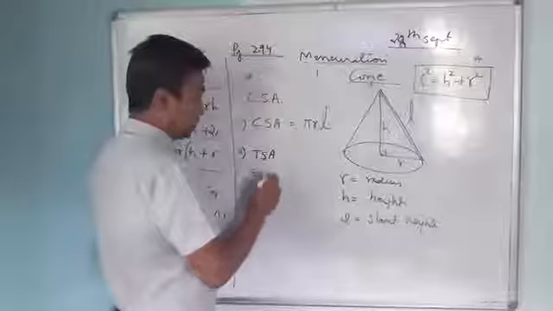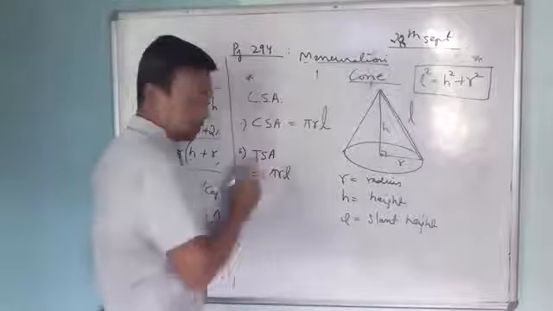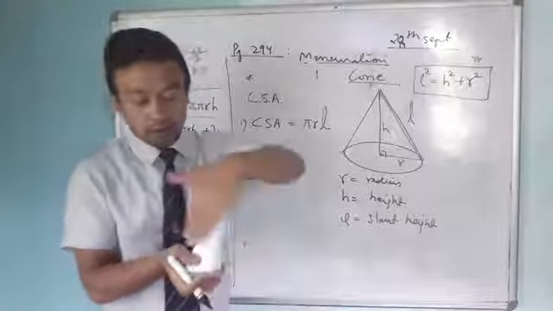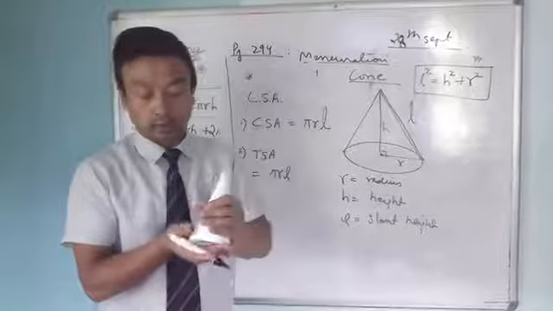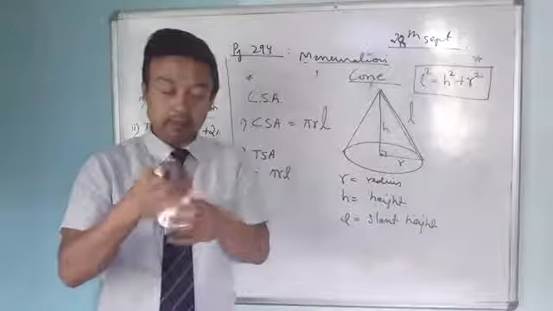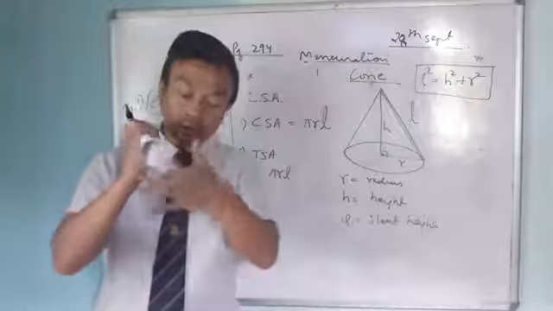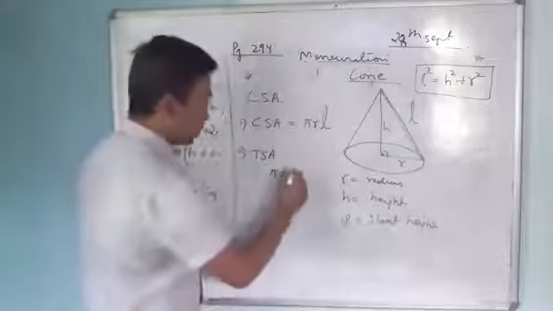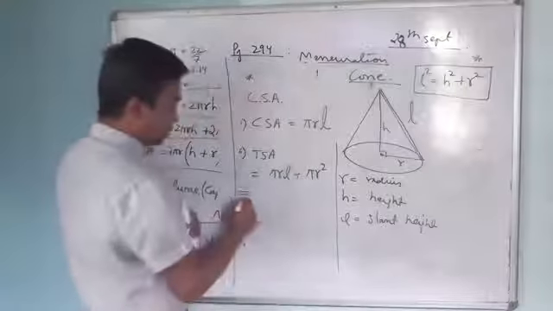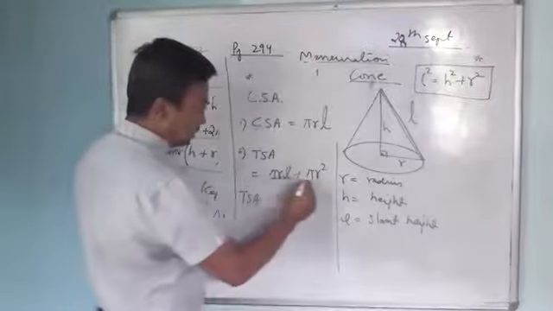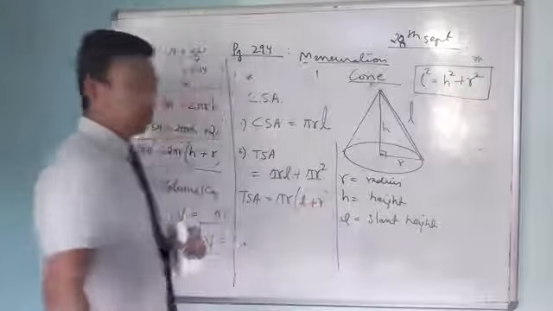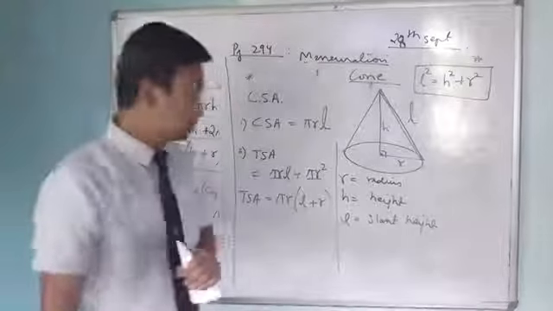In the TSA we take the curved surface area, which is pi R L, since we have a slant height L. Curved surface area is only for the surface, and in the cone there is only one circle, one base. So plus the circle, pi R square. From here the total surface area is pi R, taking it common, (L plus R). So this will be your total surface area.